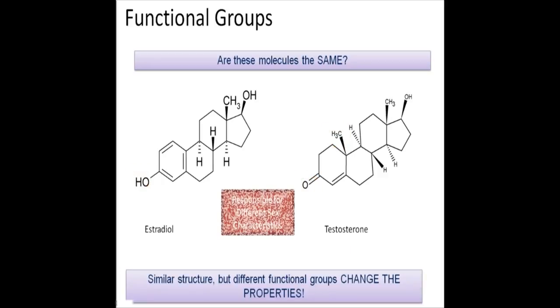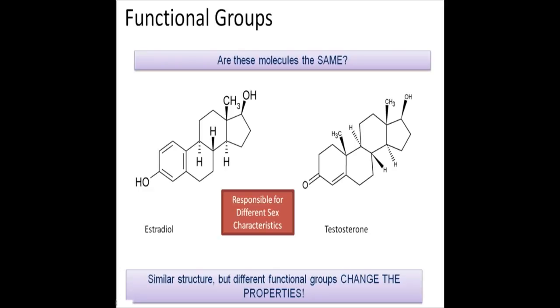Why? One is estradiol, the other one is testosterone. Both of them are steroid-based hormones. They are responsible for different secondary sexual characteristics in mammals. Very similar structure, but because you have the different functional groups in a different location, it completely changes the properties. It changes the tissues that they target and what they tell that cell to do and what they tell that tissue to do.